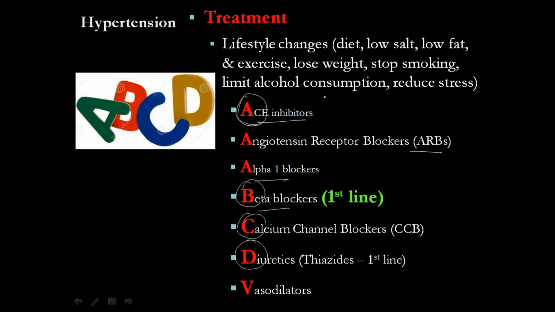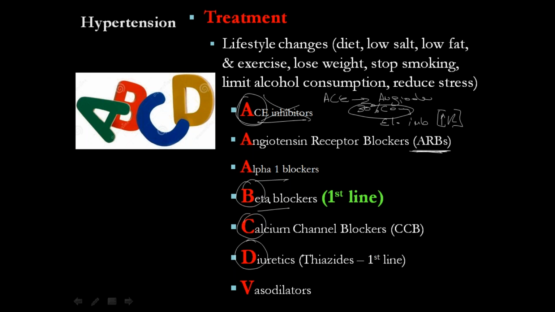ACE inhibitors: what side effects do we have? Angioedema, remember the angioedema. We have the cough, and we have electrolyte imbalance, which is hyperkalemia. Only 30% of the population receiving this will have a cough. It is a dry cough, so we need to suspend the ACE inhibitor and switch to an ARB.